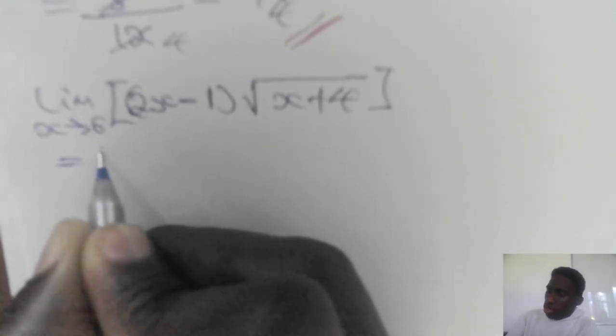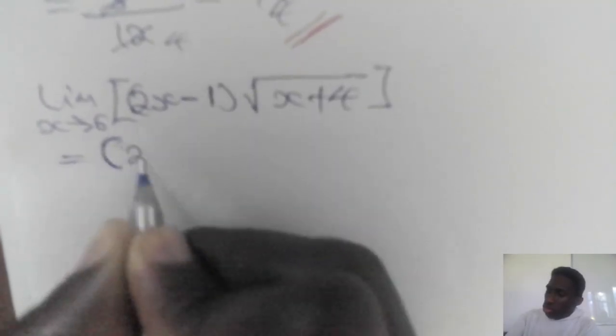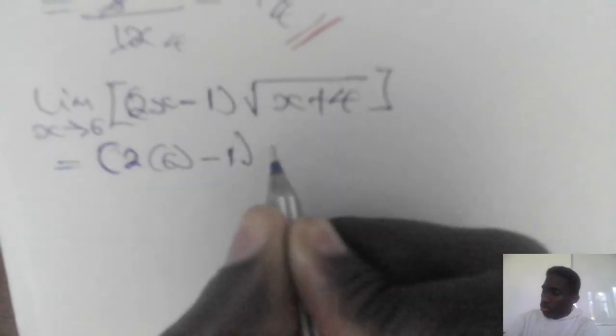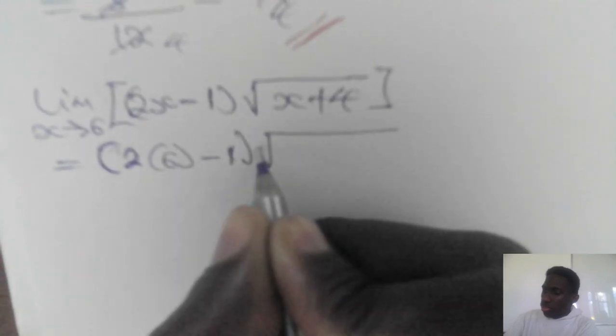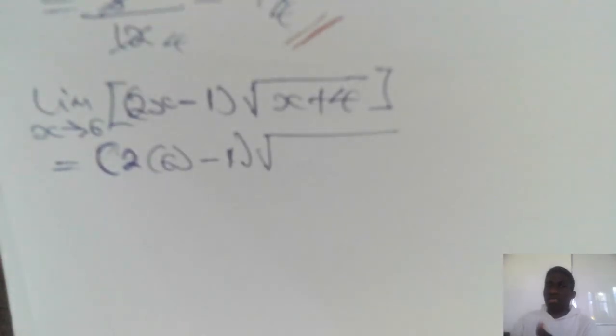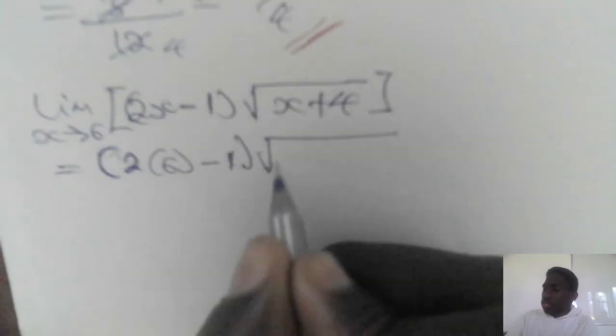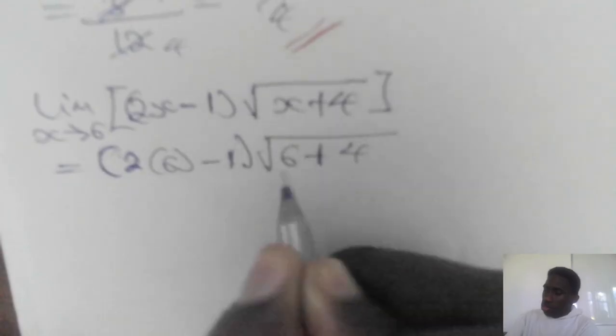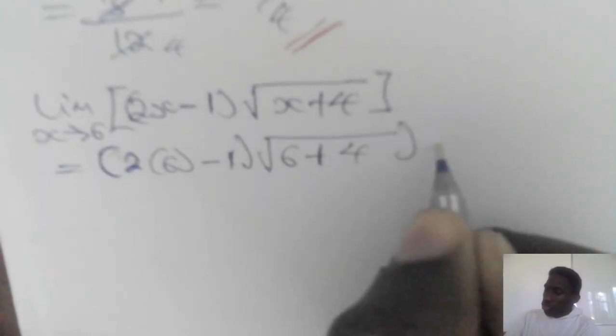So this becomes 2 multiplied by 6 minus 1, multiplied by the square root of 6 plus 4. If they're joined together, it means multiplication. So we just evaluate this.